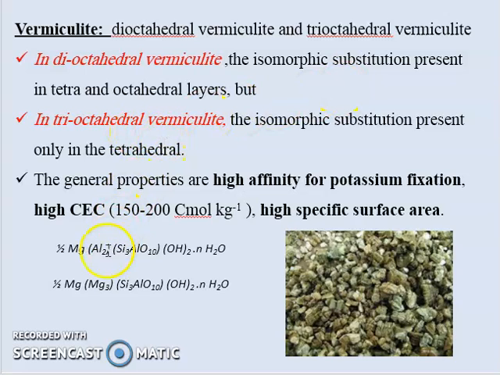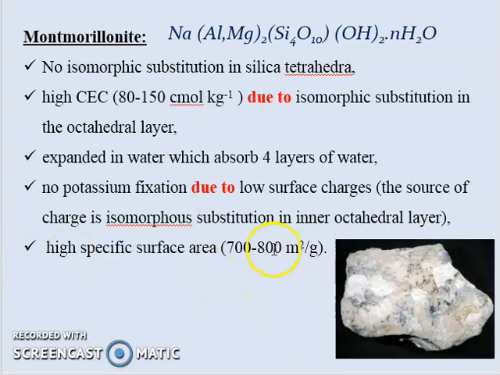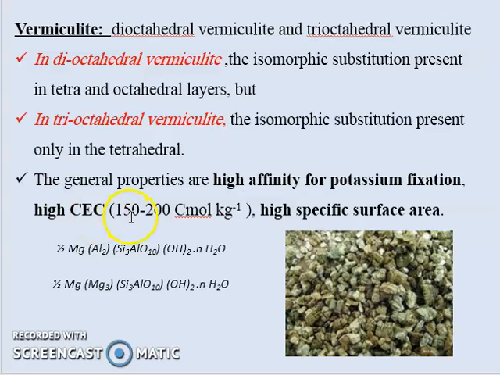In trioctahedral vermiculite, the isomorphous substitution is present only in tetrahedra. So the surface charge is larger than montmorillonite: montmorillonite is between 80 to 150 centimole per kilogram, and here it is between 150 to 200 centimole per kilogram.